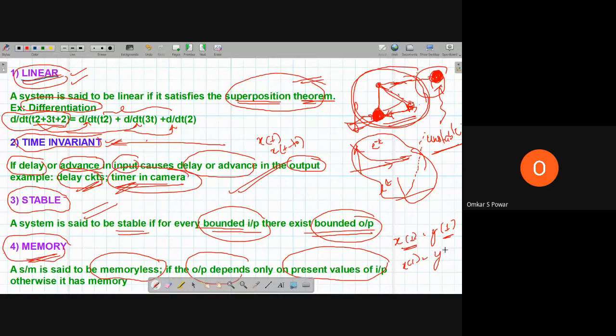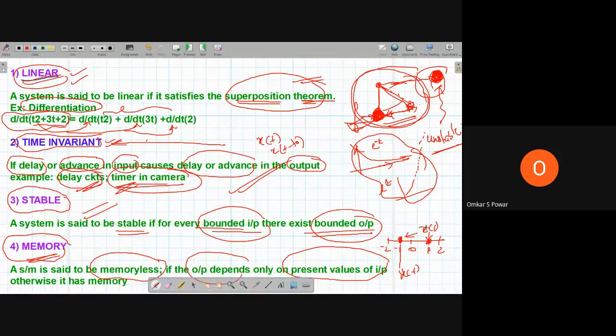For example, you may ask, what is this past value, sir? What is this present value, sir? Okay, don't worry. Take this number line, let it be 0, 1 and 2, and let this be minus 1 and minus 2. If I want the value of x at 1 at this present time, and it is giving me the value of x at minus 1, then it is depending upon the past value.